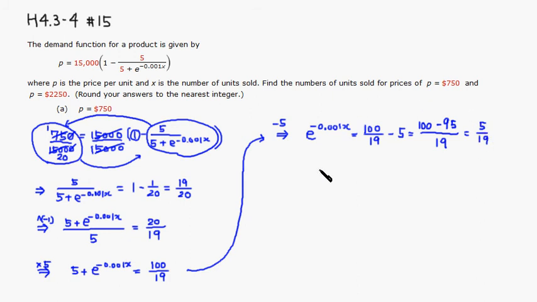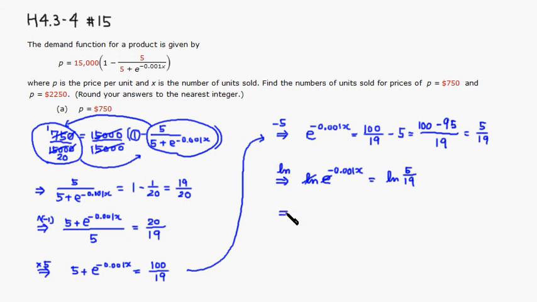Then the next step, we want to get rid of this e, so we're going to take the natural log of both sides. So you have the natural log of e to the negative 0.001x equal to the natural log of 5 over 19. When you compose the natural log and the exponential function, they essentially cancel each other out.